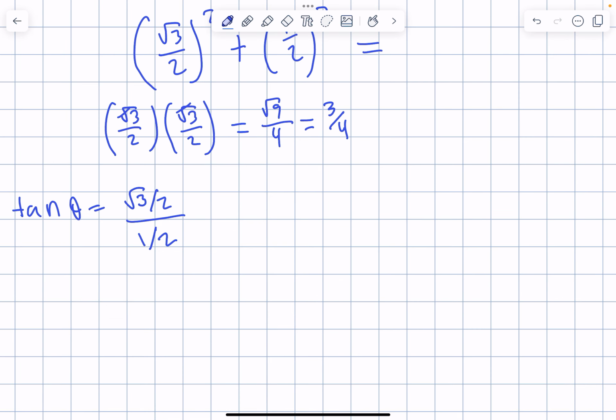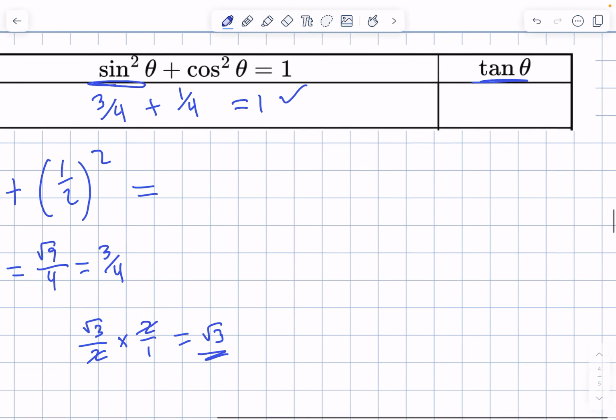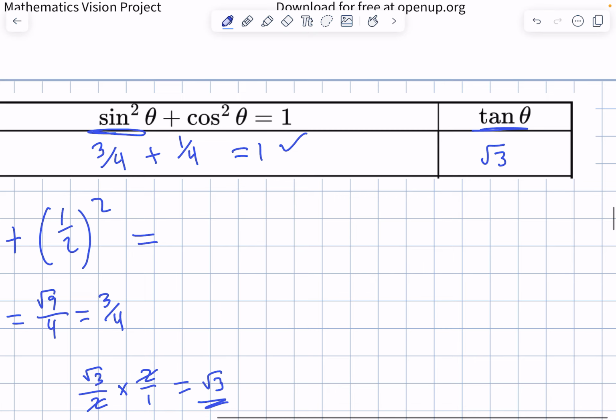We cannot forget how to divide fractions: change the sign, and then flip the fraction. So this is just equal to square root 3, because the 2s go away and square root 3 times 1 is just square root 3.